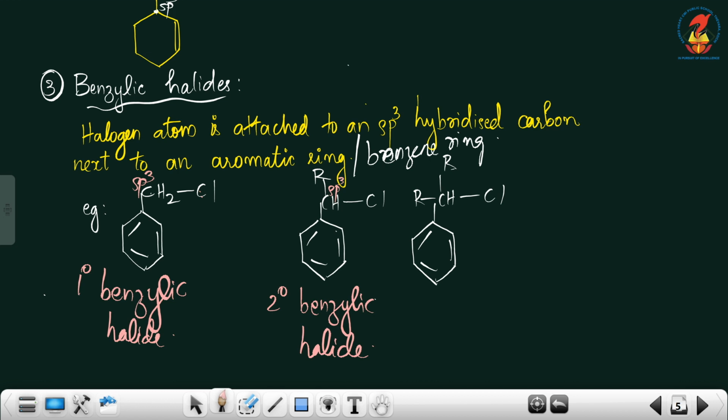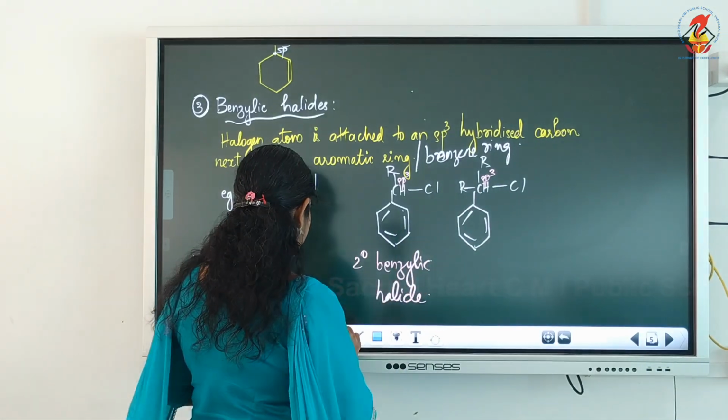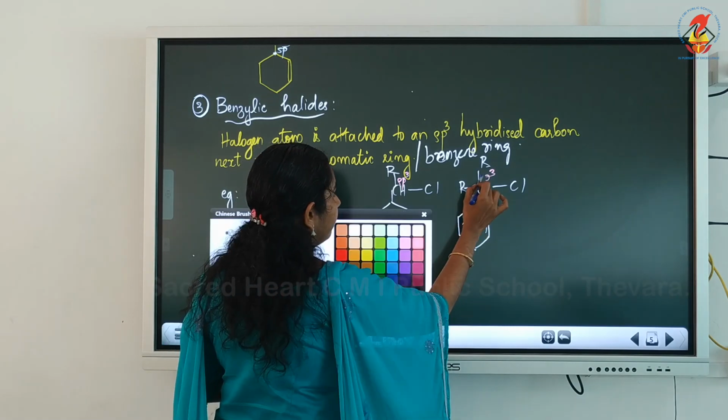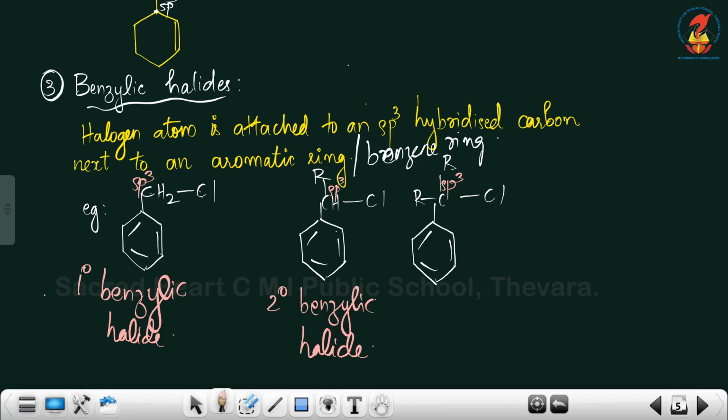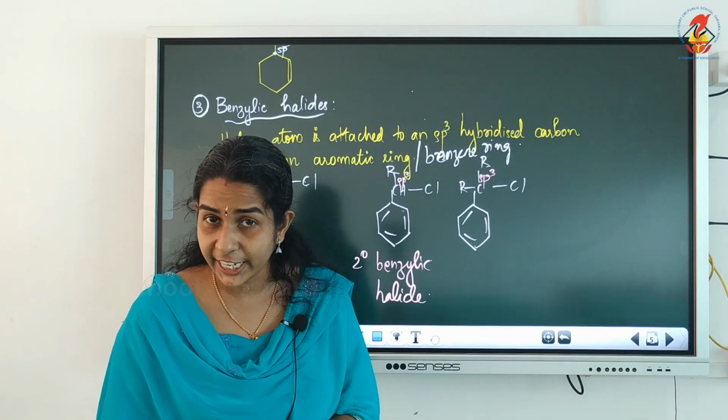Now the third case also, X is attached to an sp3 hybridized carbon, and on the adjacent position there is a benzene ring or an aromatic ring present. So it is a benzylic halide. At the same time, the X attached carbon is C only, without any replaceable hydrogen. That means it is a tertiary halide.